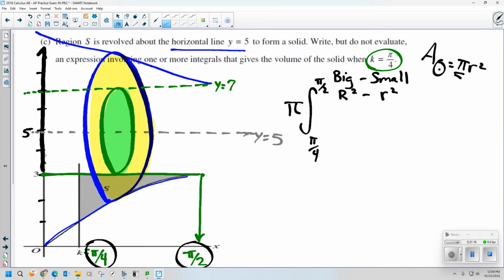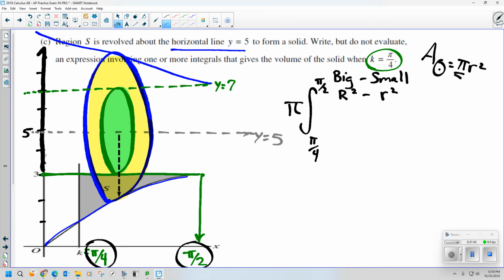So the million-dollar question is, how do we come up with a radius? Well, the bigger radius is obviously the radius of the yellow circle. That's a bigger circle compared to the blue. Okay, so I want to find the radius of the yellow circle, then subtract the radius of that blue or green circle. So, starting from 5, I need to subtract the blue line from 5.